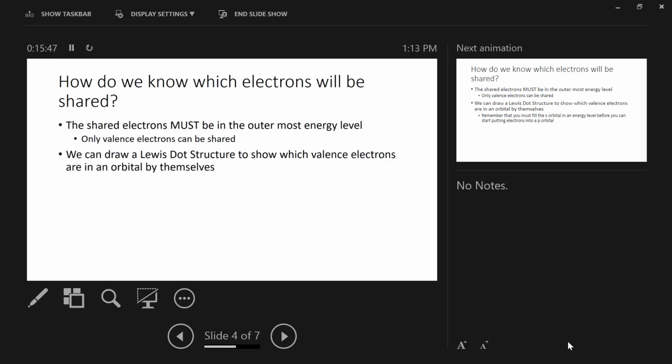On top of that, we can draw what's called a Lewis dot structure to show which valence electrons are in an orbital by themselves.